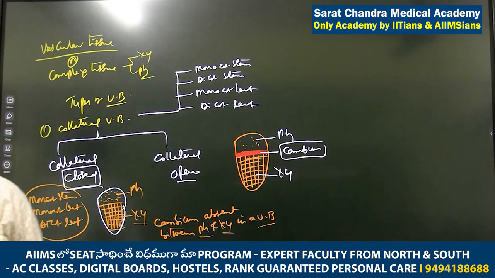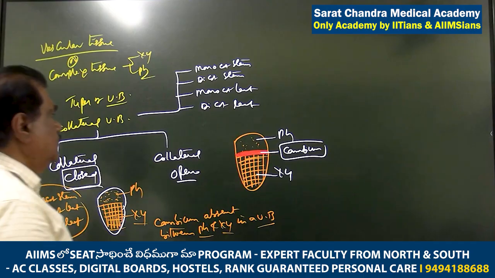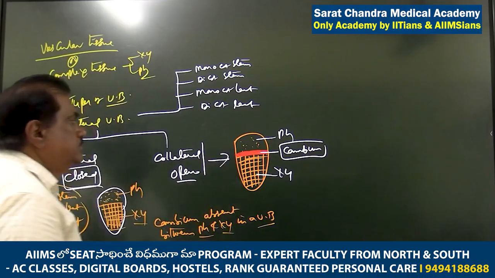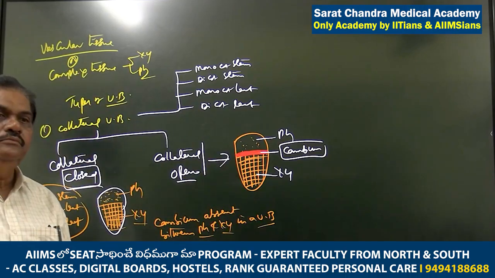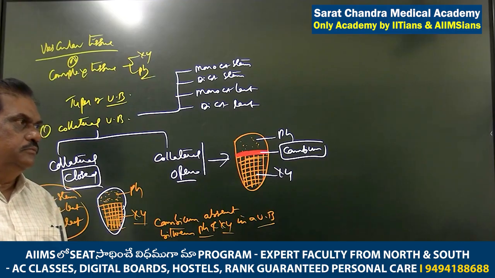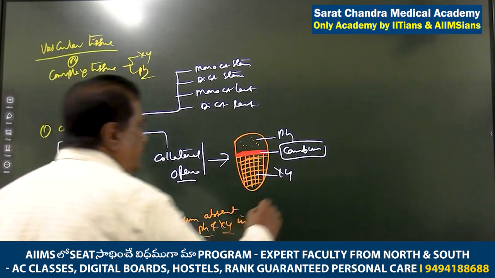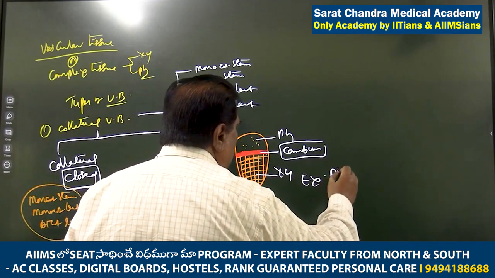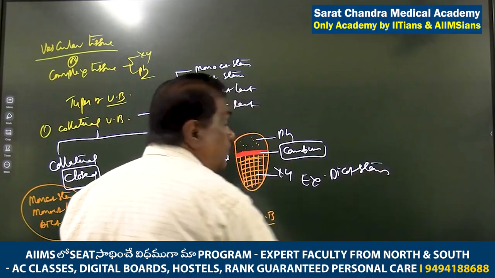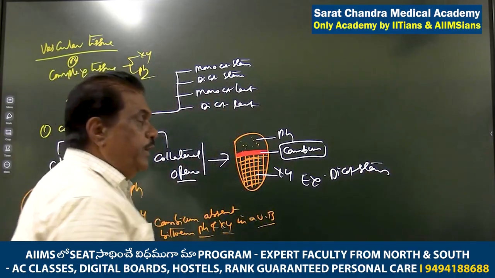If cambium is present between phloem and xylem in a vascular bundle, such kinds of vascular bundles are called open type, collateral and open type. Collateral and open type of vascular bundles are present in dicot stem. Sit down. Collateral and open vascular bundles are present in dicot stem and also in gymnospermic stem.